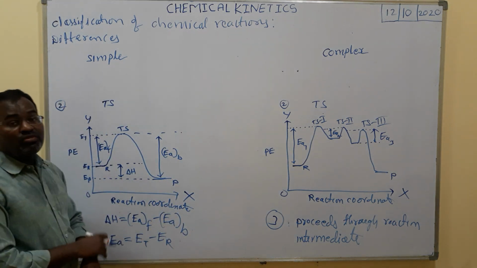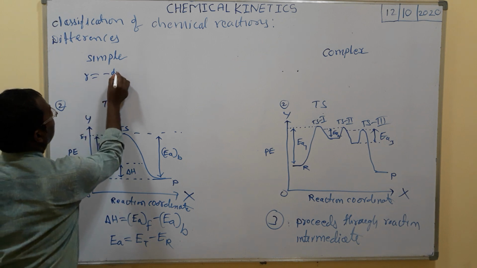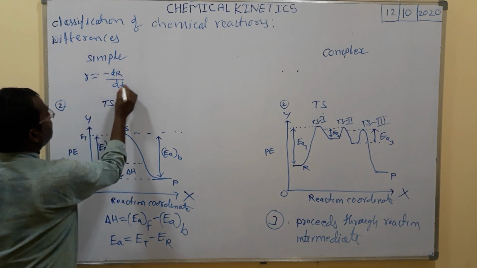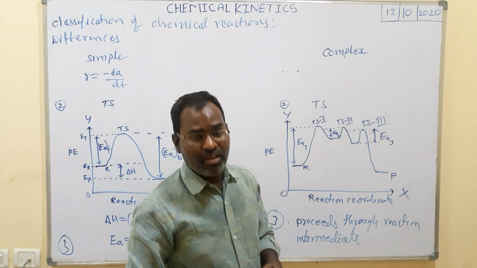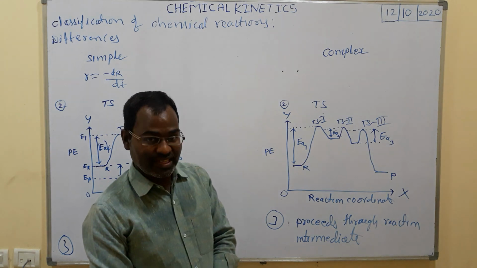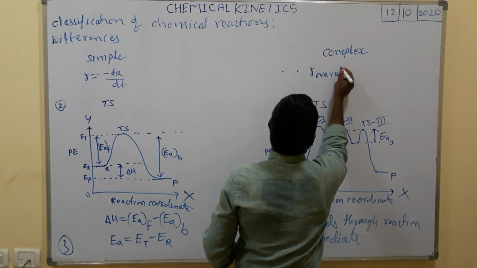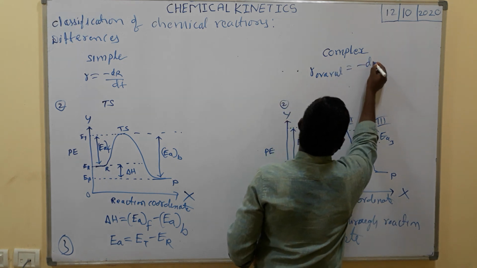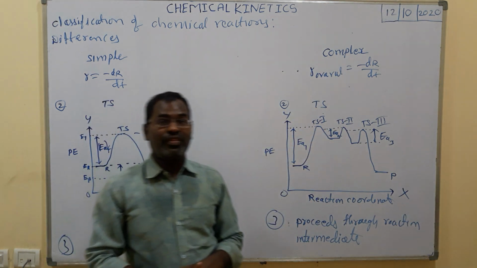And the fourth one is the rate. For a simple reaction, the rate is equal to minus dR by dt, whereas in complex cases the overall rate is given by the slowest step of the reaction. So the overall rate is generally given by the slowest step.